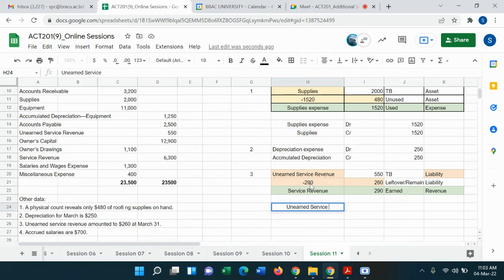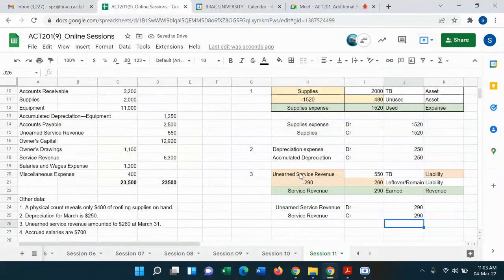Unearned service revenue, debit, and service revenue, credit. Amount 290.